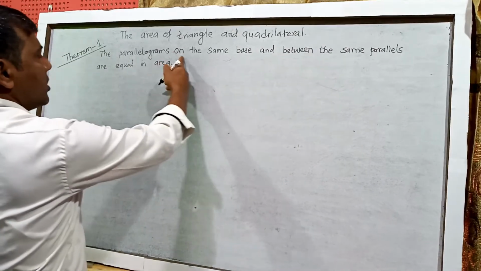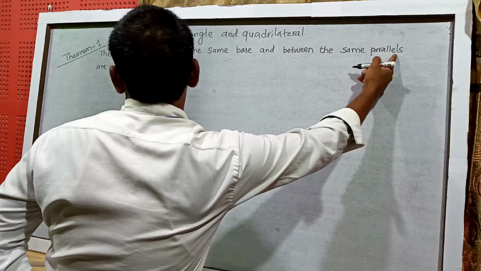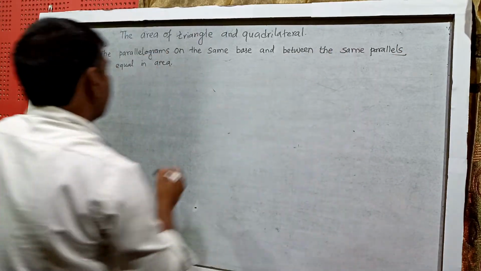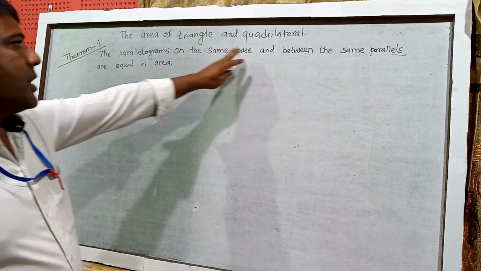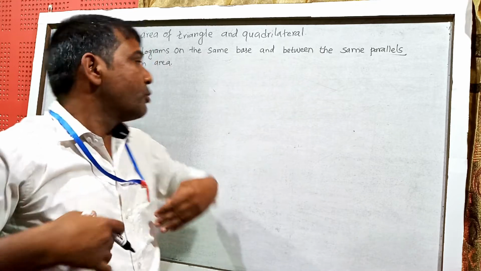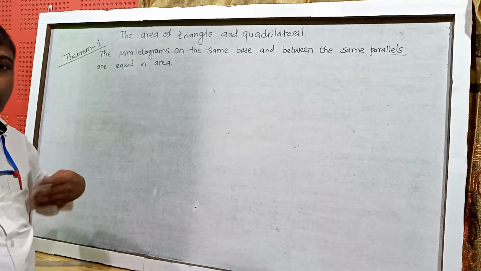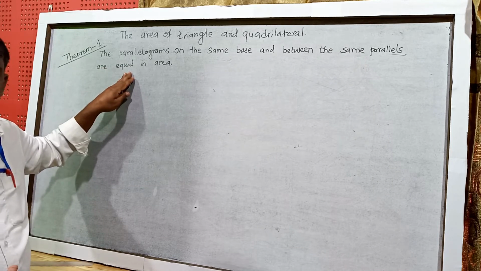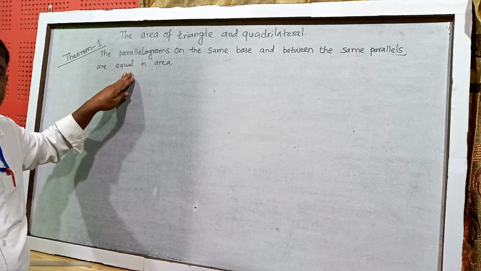Up to here it is given. We should prove, or we should show, their areas are equal.